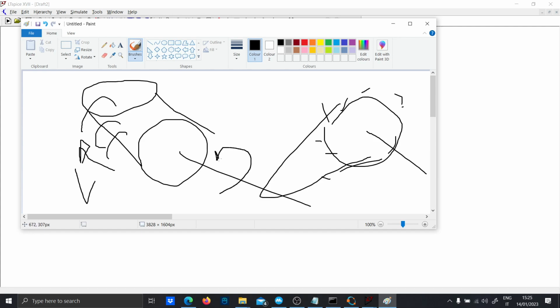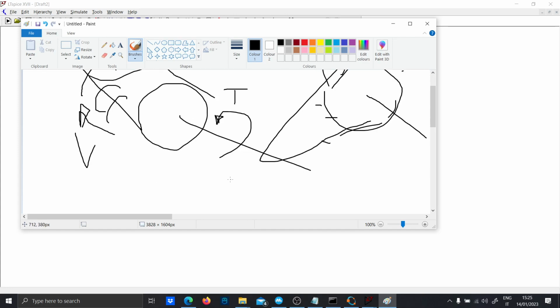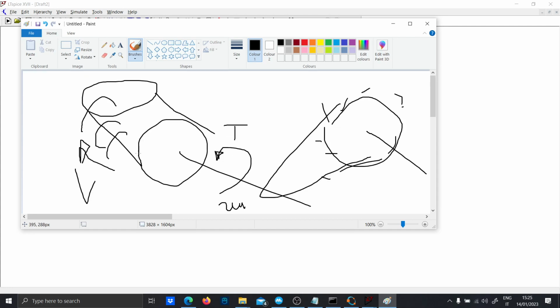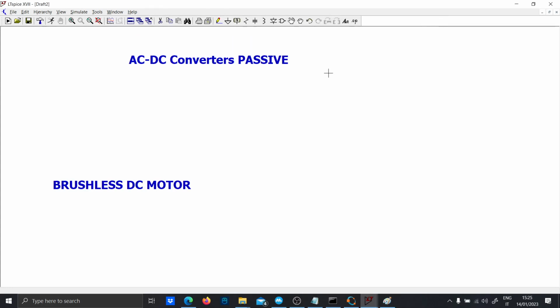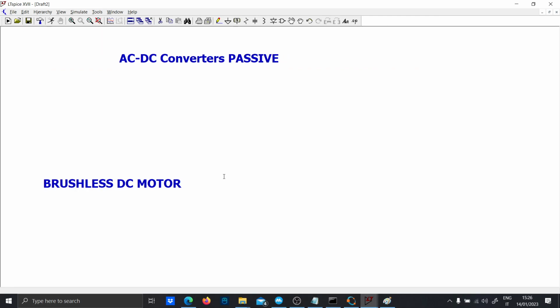So you're giving mechanical torque at the input with a rate of speed omega, and you have a three-phase voltage as an output. So we want to model the brushless DC motor in the easiest way possible without spending so much time.